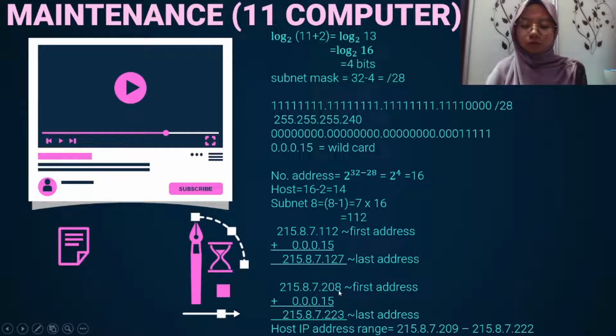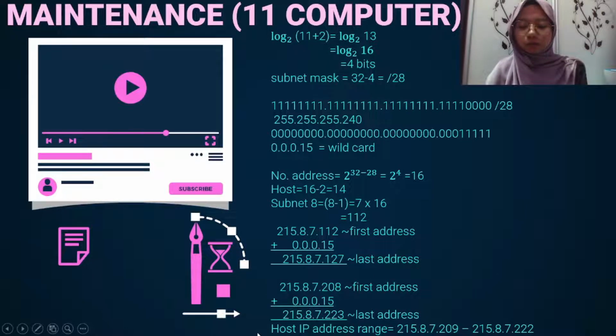The last address of corporate is 207, so we use 208 for our first address for maintenance, and then we add the wildcard, which is 0.0.0.15, and then we get 215.8.7.223, which is our last address.